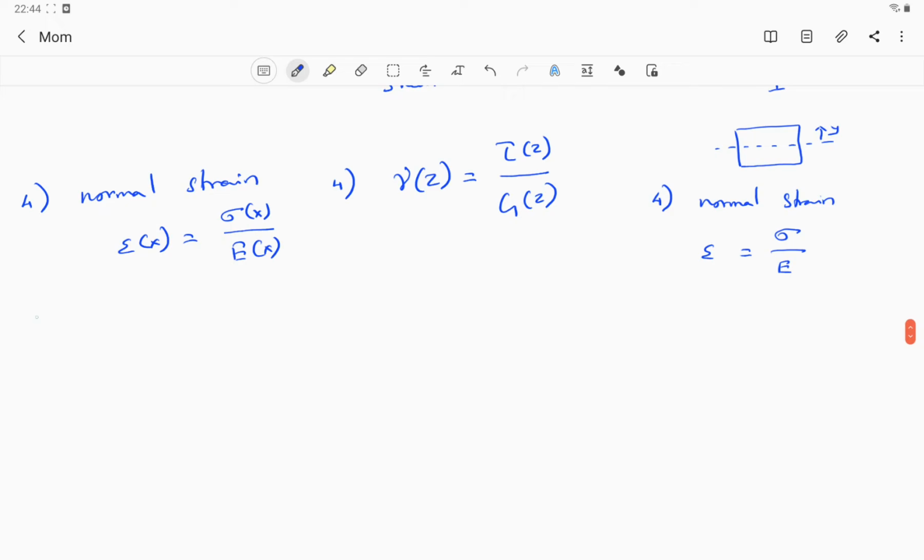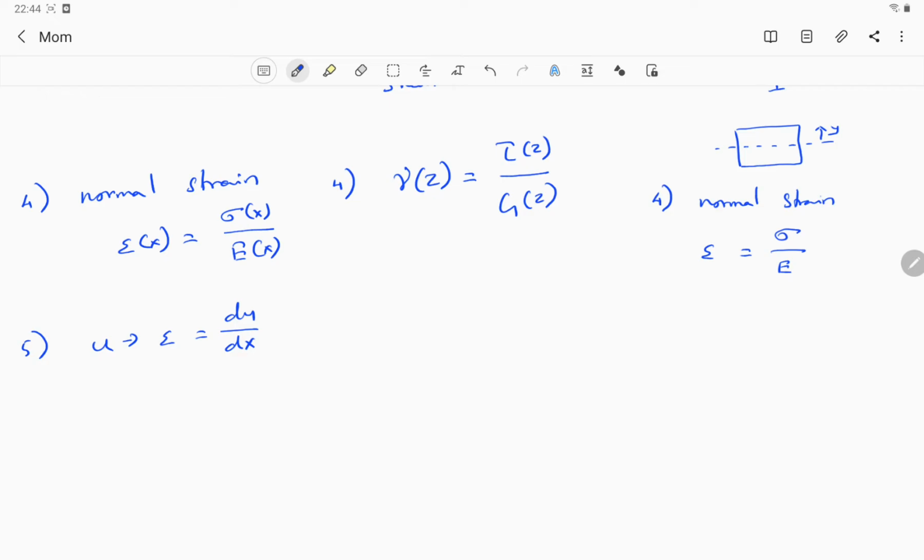And what is the fifth step? In the fifth step, for axial element we will be describing the displacements. Okay, so here the displacement is u. And how do we calculate u? What is the relation between u and epsilon? Actually epsilon is equal to du by dx.